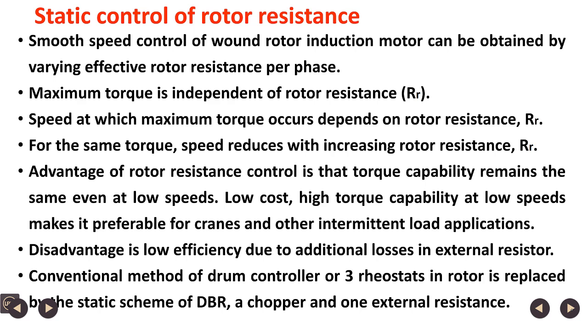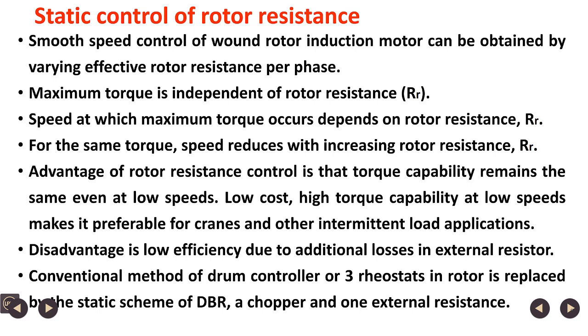So, let us understand the salient features. With rotor resistance control, smooth speed control of the motor can be obtained by varying the effective rotor resistance per phase, and maximum torque is independent of rotor resistance. The speed at which maximum torque occurs depends upon the rotor resistance, and for the same torque the speed reduces with increasing rotor resistance.